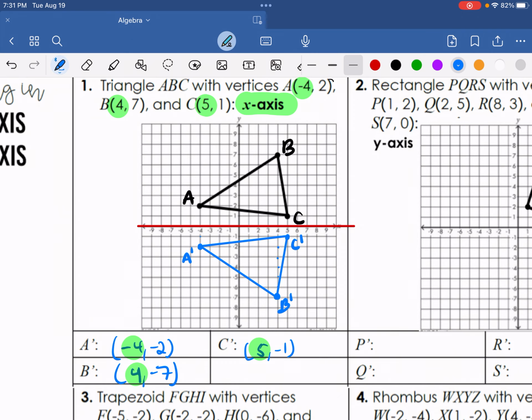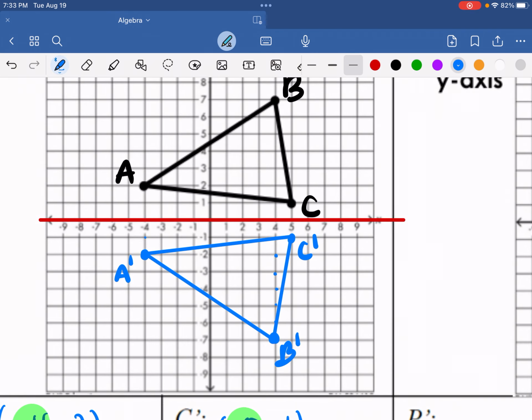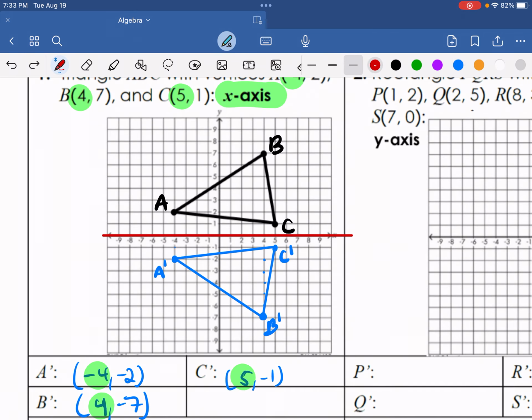But the only reason it does that is because the x-axis is at the number 0. That is the only reason. If I move this red line higher or lower, then the y value is not going to stay the same number anymore. But because right now it's at level 0 on the x-axis, it is the same number, just the opposite sign.